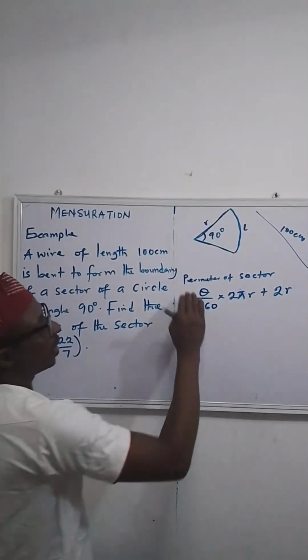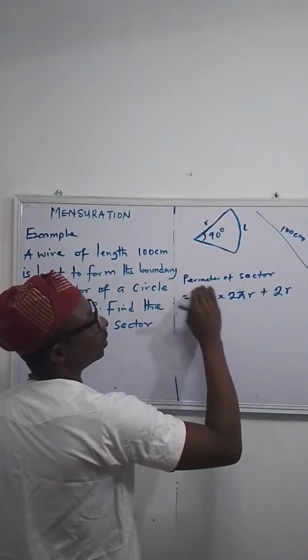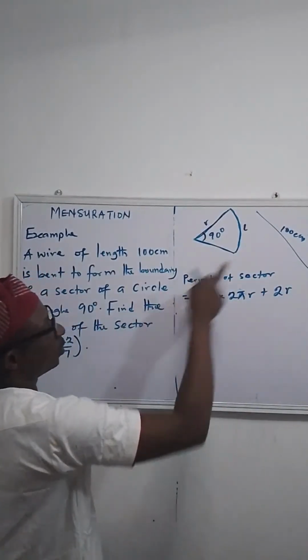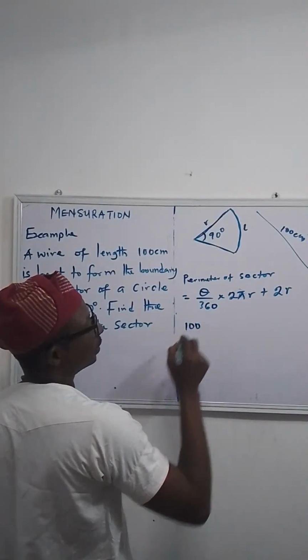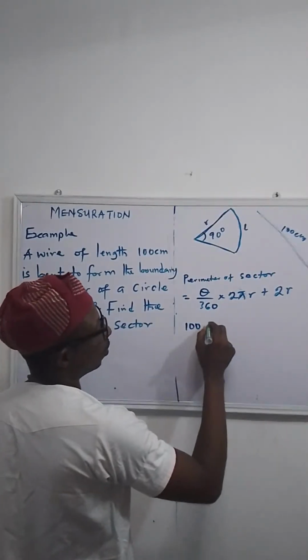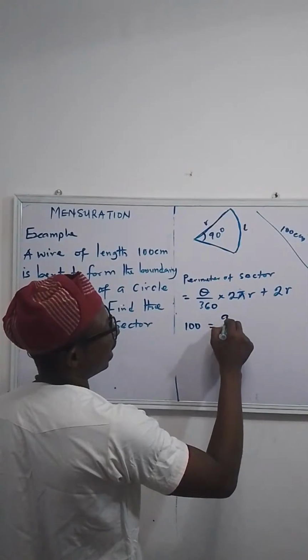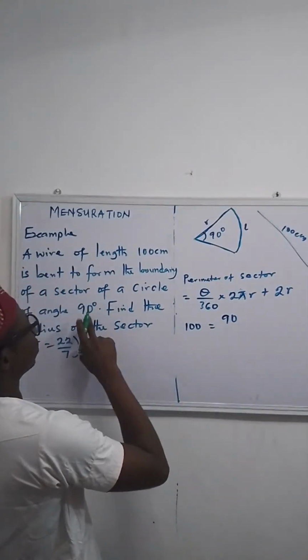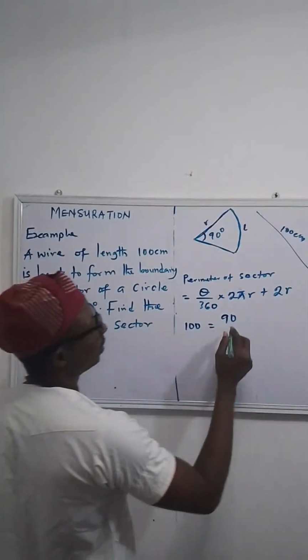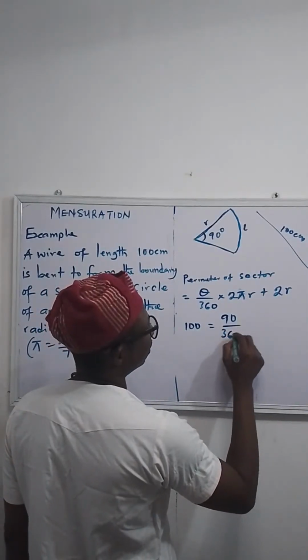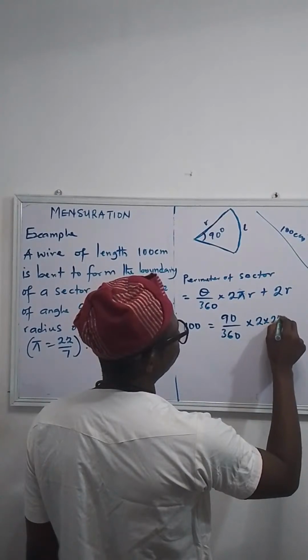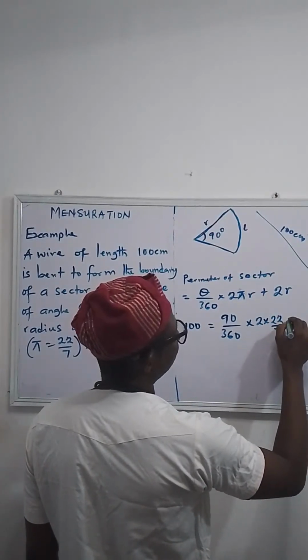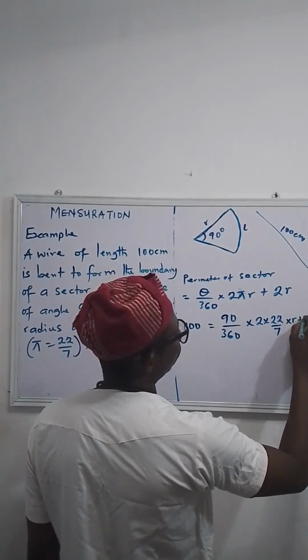The perimeter of the sector has been given to be 100. So we have 100 equals, theta is 90, that has been given in the question. You can see that's 90 over 360 times 2 times 22 over 7 times r plus 2r.